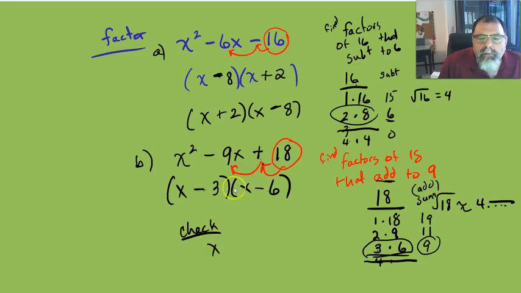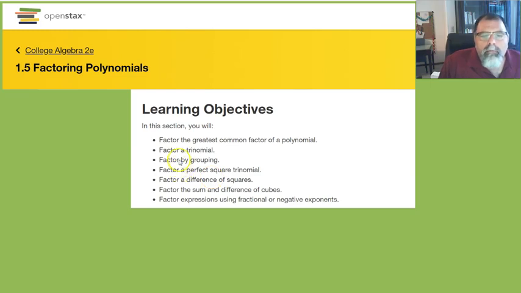So you get x squared minus 6x minus 3x. -3 times -6 is positive 18. Combine like terms, that's -9x. That checks.